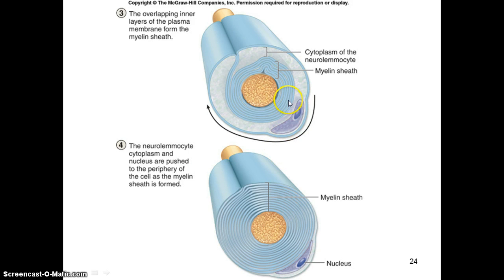As it does so, the cytoplasm and nucleus get pushed to the outside, while layers of plasma membrane start to stack up tightly against one another, till finally we have multiple layers of plasma membrane, and all the cytoplasm and nucleus is just in this small region here. And as I mentioned earlier, this outer layer of the myelin sheath is referred to as the neurolemma, which will become important when we talk about clinical applications.